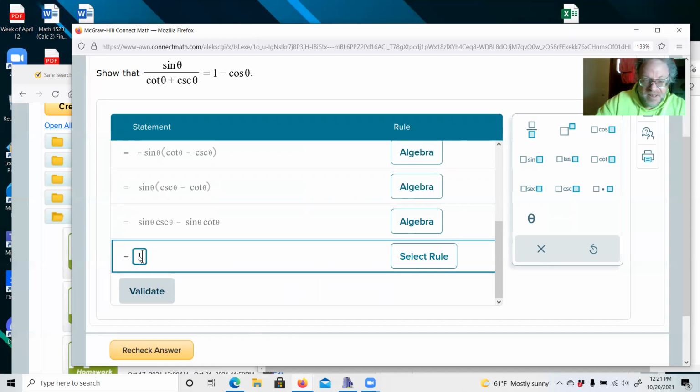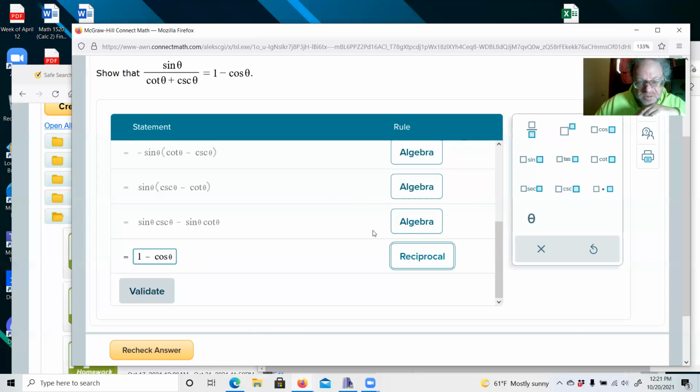So this is 1 minus, I'm just going to guess and say cosine theta, and we're going to say this is reciprocals. They don't like that.